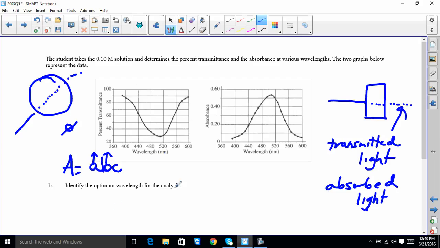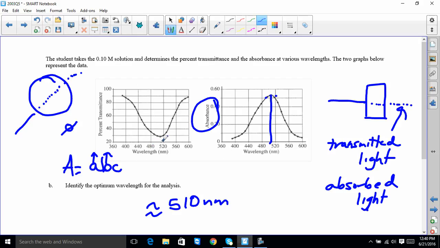And one of the things from Beer's law is it's supposed to be done at maximum absorbance. Basically what that does is it just stretches it out. It looks to me like approximately 510 nanometers would be the best. If you use this or this, you'd still get a good stretched out graph.